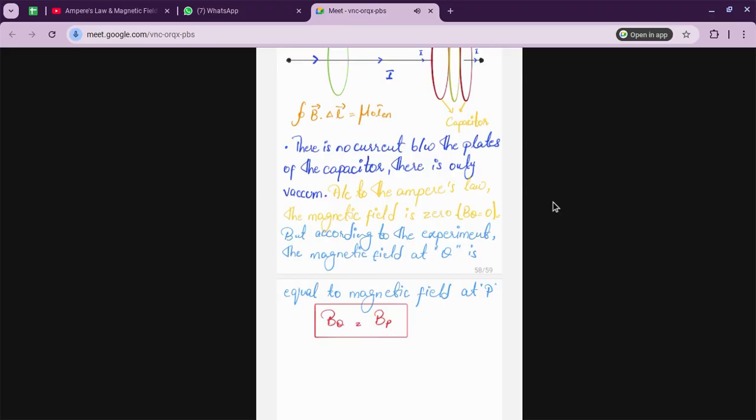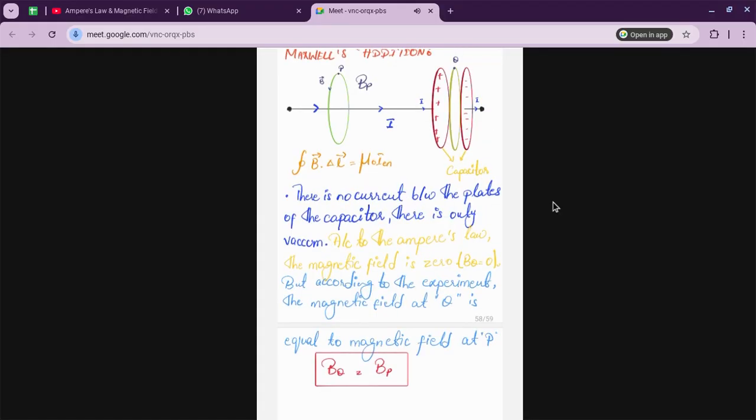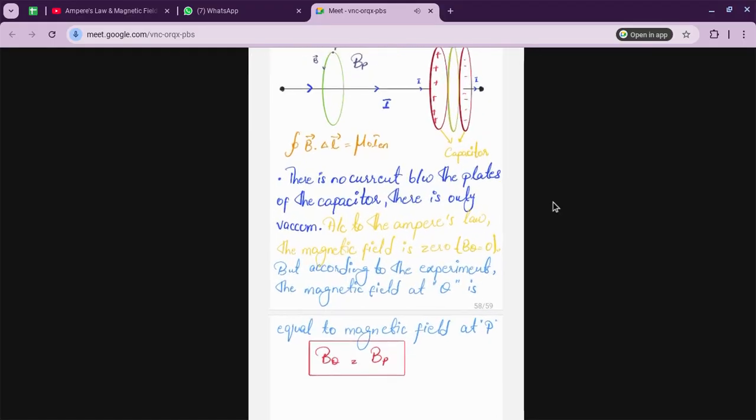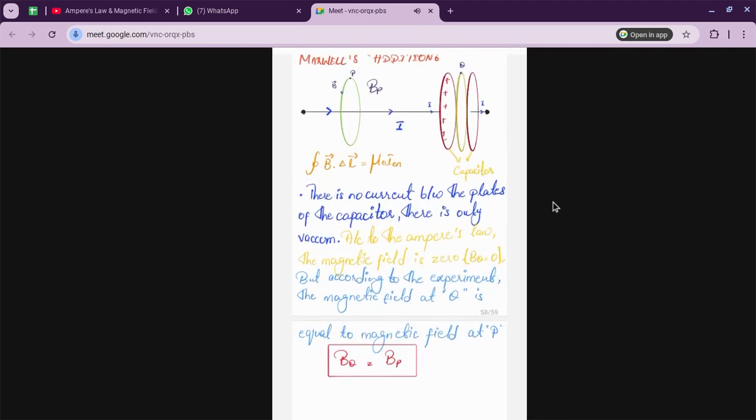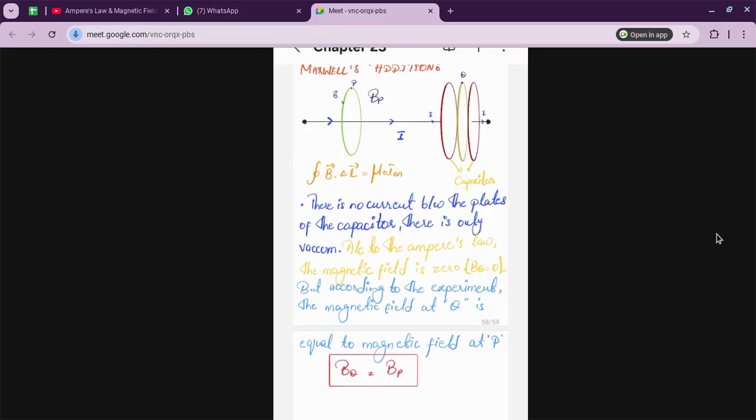Suppose the positive charge is placed over here and the negative charge is placed over here. So the charge is continuously building up, but no current is in between the plates.